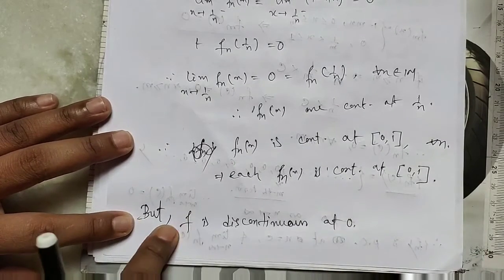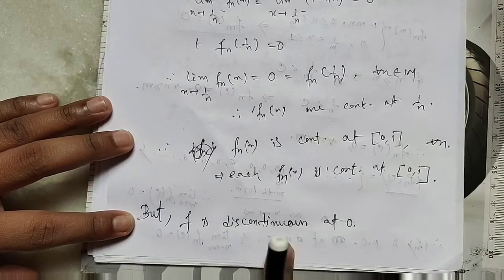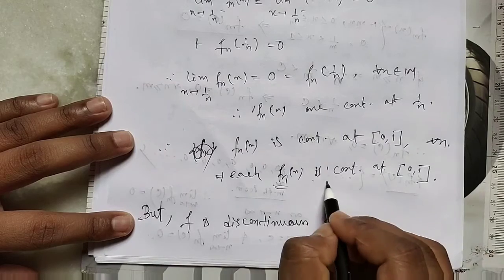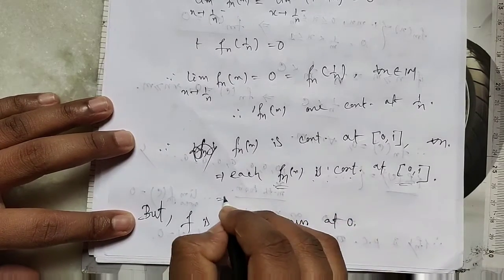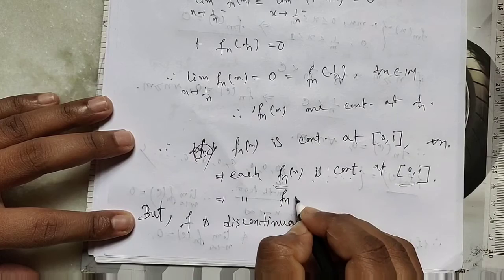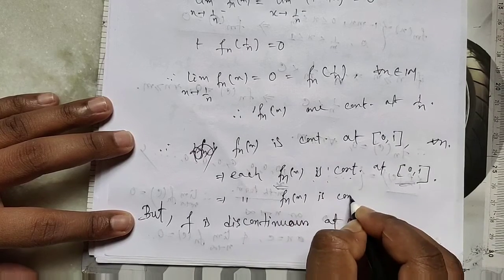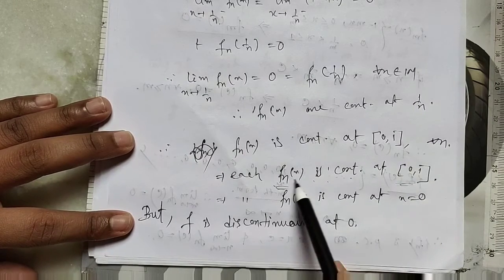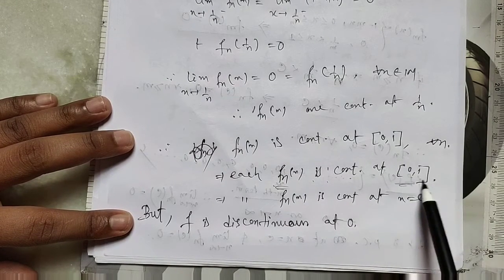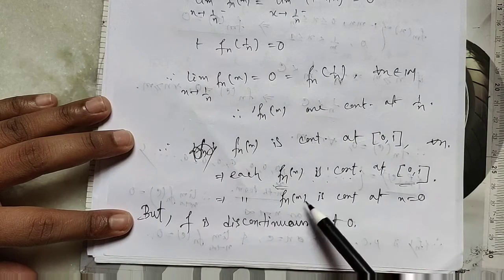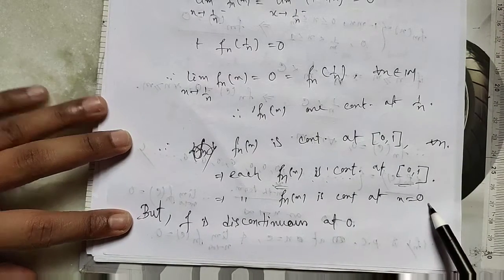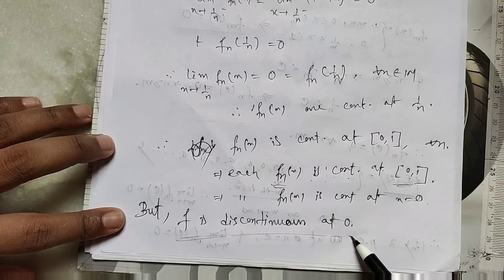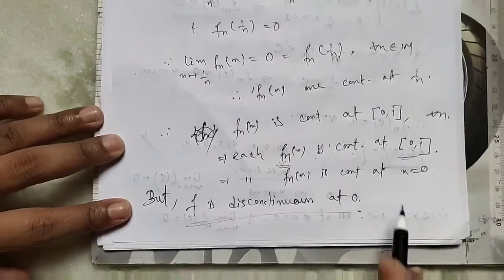So each fn(x) is continuous at every point in the closed interval [0,1], but the limit function is not continuous at 0.